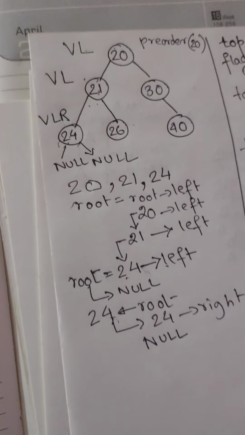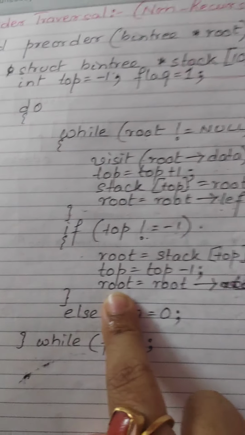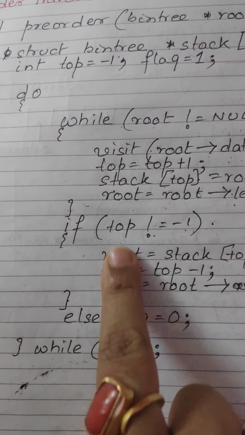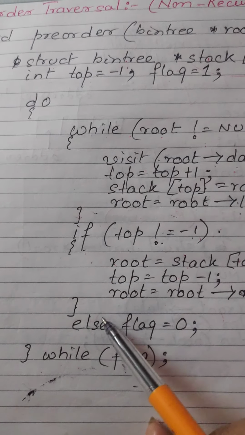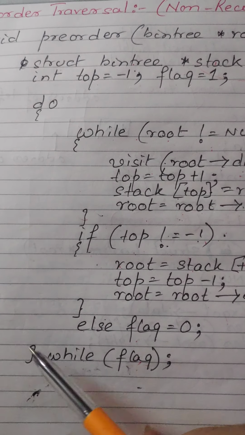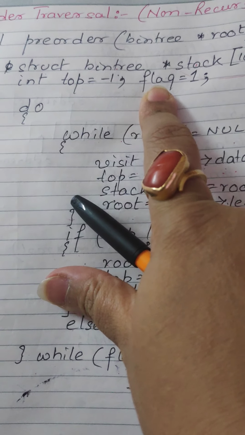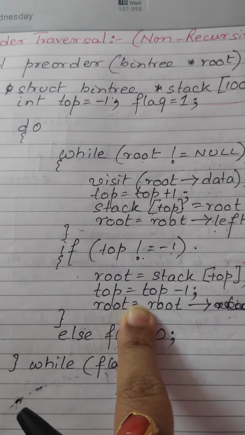Correct? So over here you get the root value as null. Right? Now you come out of the if condition. Since you have already worked with if, the else does not work. You come over here, while flag. Now you see the flag was already set to 1 and we have not changed flag anywhere in our program.